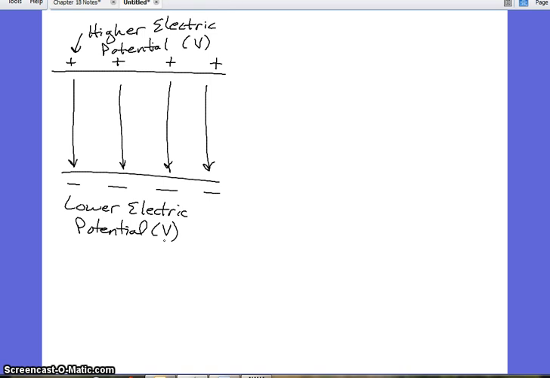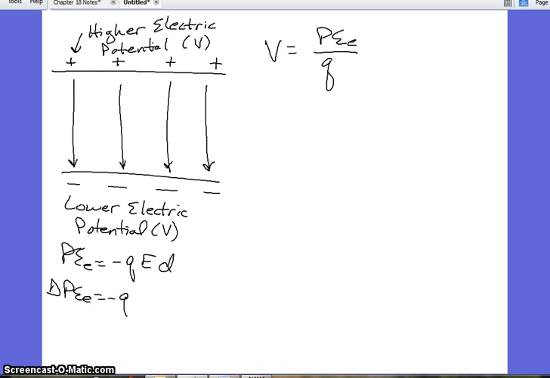Now, the only difference between this and the actual potential energy is that the potential energy had a charge located within this electric field. So the electric potential is really just the potential energy with one of the charges removed. Now, we had two equations for potential energy. One of the equations was the opposite of Q, E, D. And it was really more so the change in potential energy that was more important, but we'll get to that in a little bit.